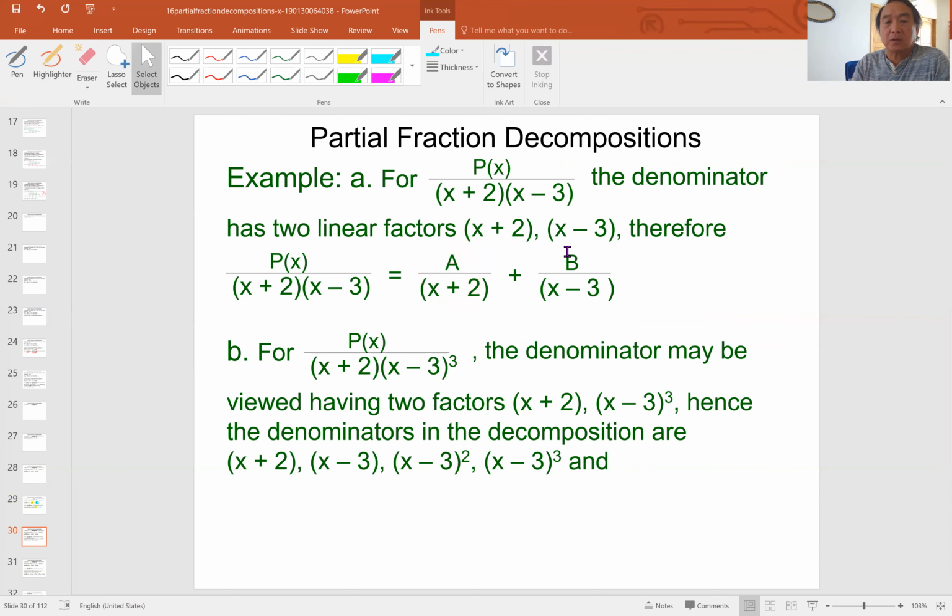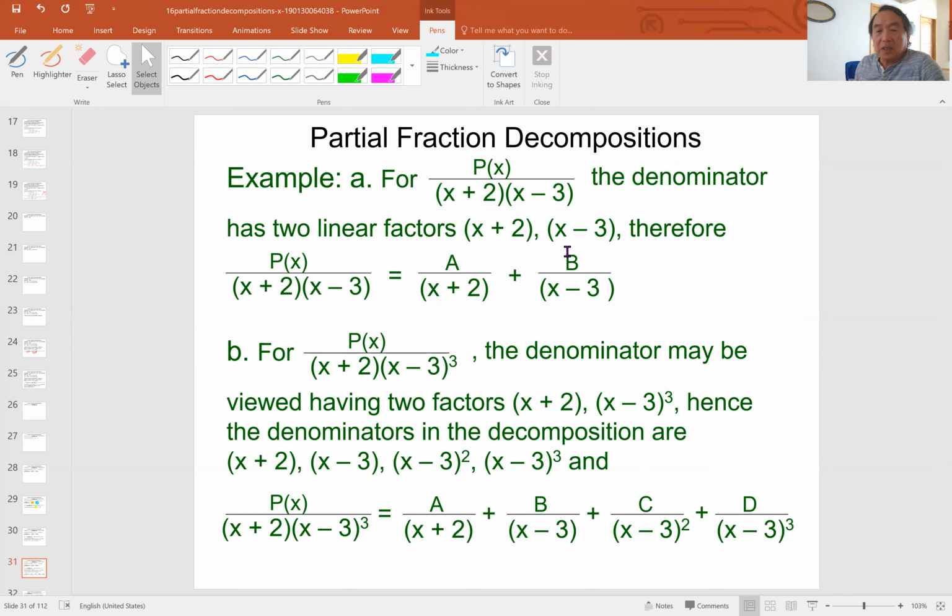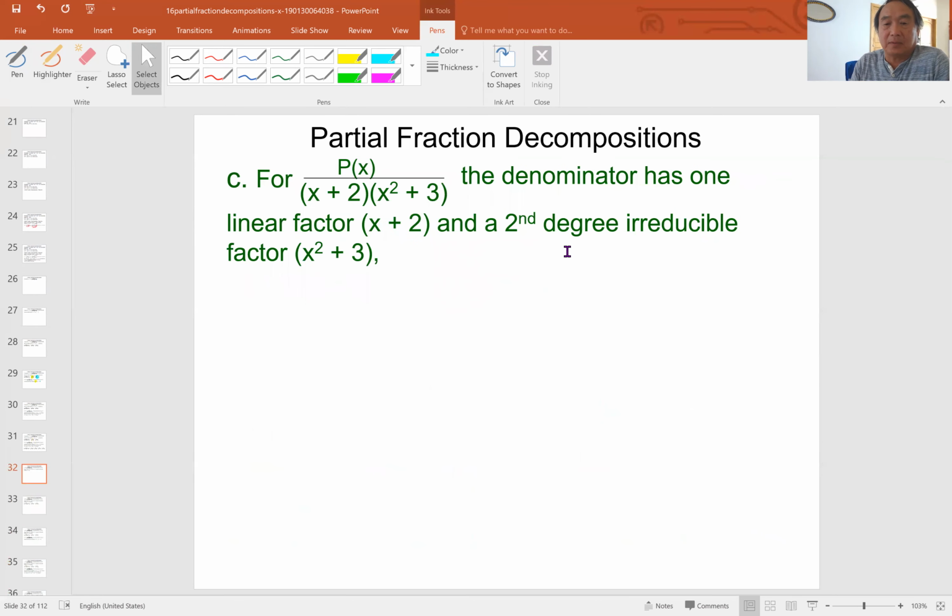In other words, for x minus 3 you need a fraction, x minus 3 squared a fraction, x minus 3 cubed, because x minus 3 cubed is the biggest factor that goes in there. So for the smaller power factors, you will need one of these types. Therefore you will have a breakup into four things.